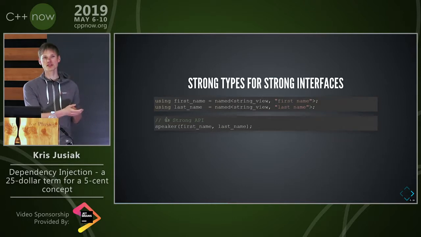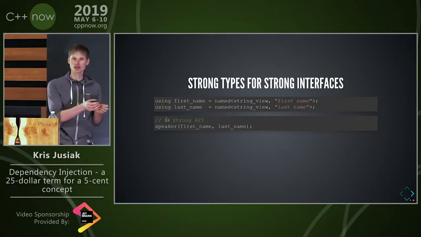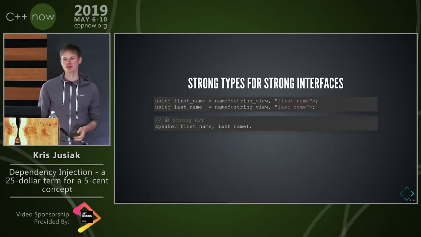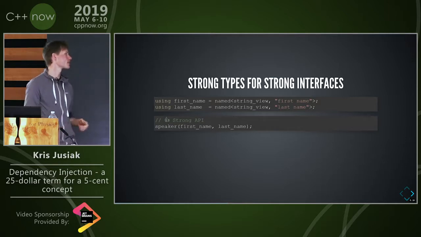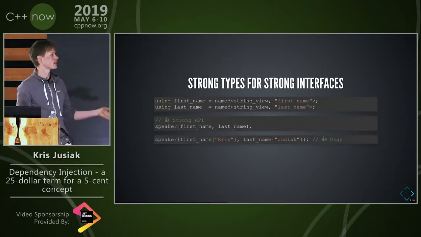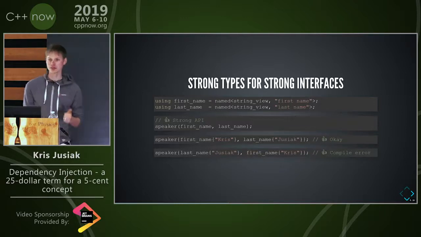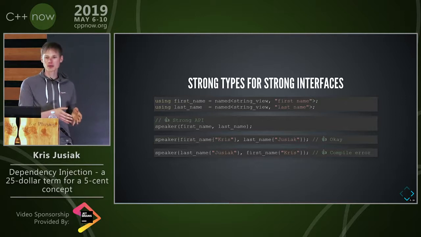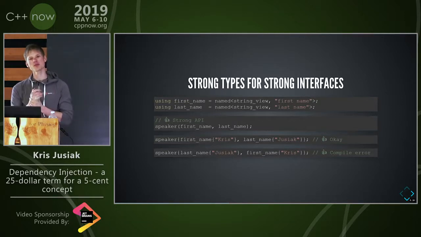Even if you have the header and the implementation, the names don't matter in C++, so you can screw up the names and sometimes get really confusing error messages if you don't test it. Much better would be to have the first name and the last name as types. That would be OK, and that would be a compile error. So that's great. You can also find that designated initializers in C++20 may fix that problem.